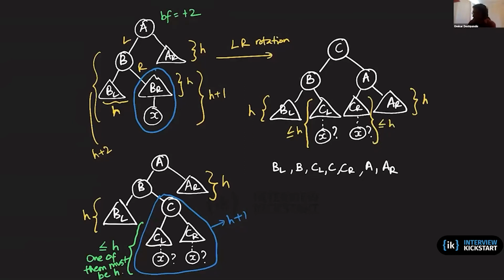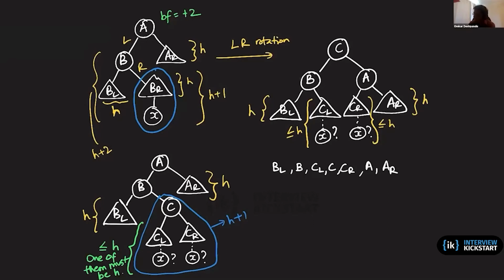Now let's look at the balance factor at B. The left subtree has a height of h, the right subtree has a height less than or equal to h. It could be h or it could be h minus 1. So we don't know what it is, but in either case, the balance factor for B would be fine.